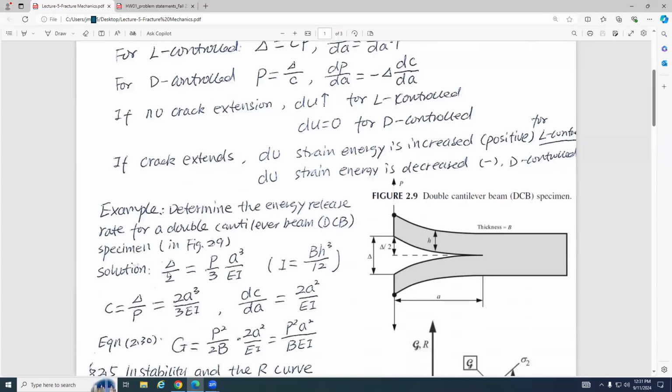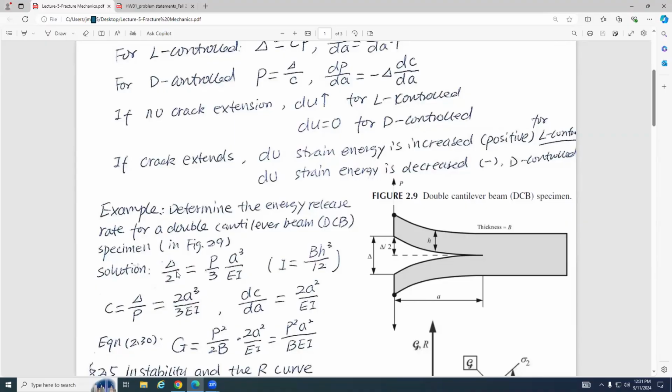the two delta, we can get this two half delta. So the half delta can be written as 3 P, the applied load, a cubed over EI. You have a load P here. How can we calculate this one? There is an equation here.